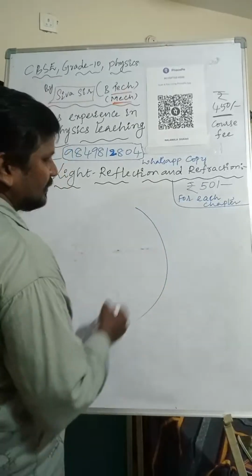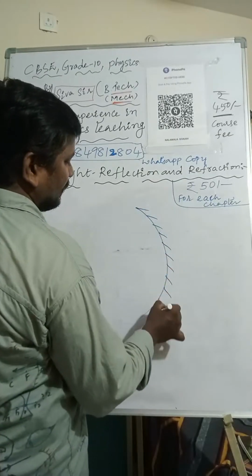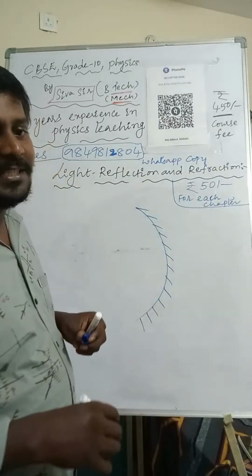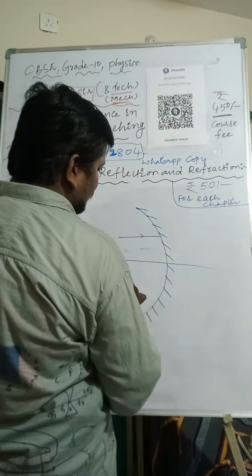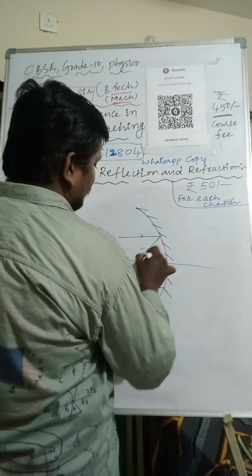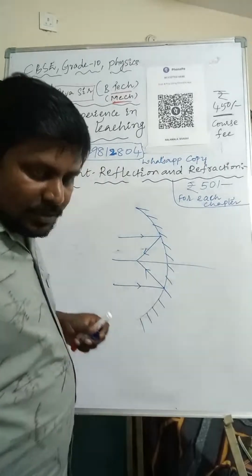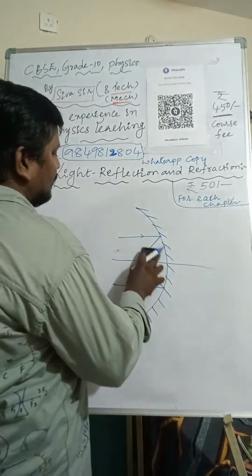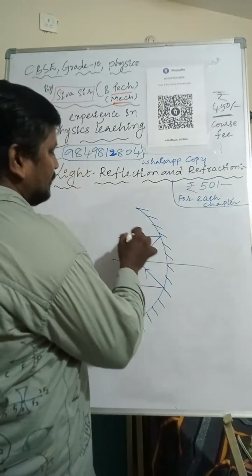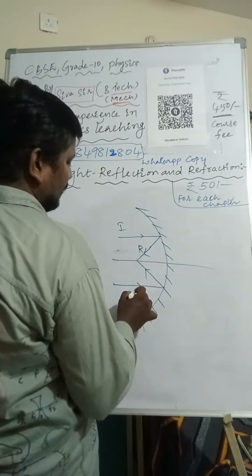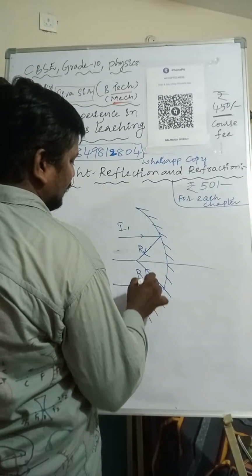If reflection takes place inward, it is called a concave mirror. Here I am taking the reflected light rays: incident ray, reflected ray, incident ray, reflected ray.